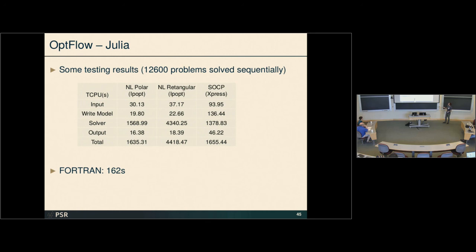Still, the solver takes much more time, so it's not JuMP's fault, at least. It's just that the tailor-made algorithm is much faster than generic algorithms for these problems. But we think we can get better results than this, just with some tweaking and some things that JuMP already exposes to us. And we're working towards that.